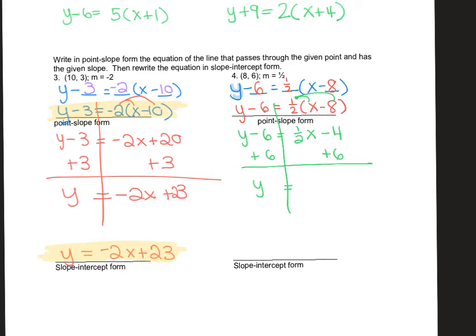I get y equals 1/2 x plus 2. So my slope intercept form is y equals 1/2 x plus 2. Highlighting both answers, so you can see your two forms.